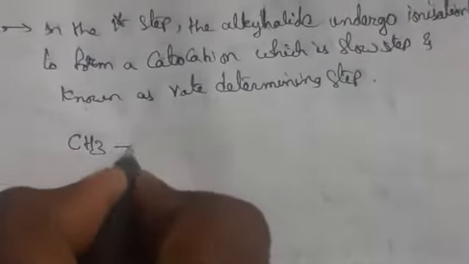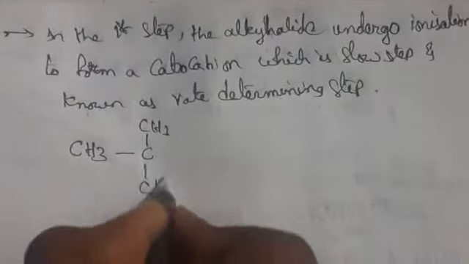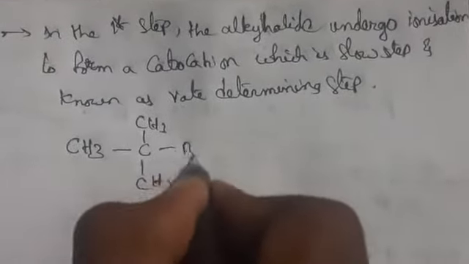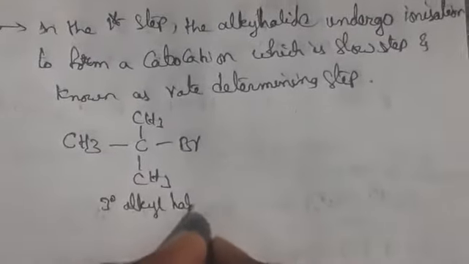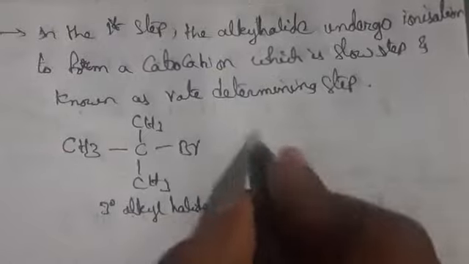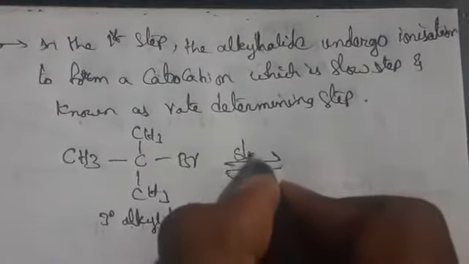This is the first step. I am taking a tertiary alkyl halide, CH3 C CH3 CH3 Br. This is the tertiary alkyl halide. It is a reversible reaction, which is a slow step.